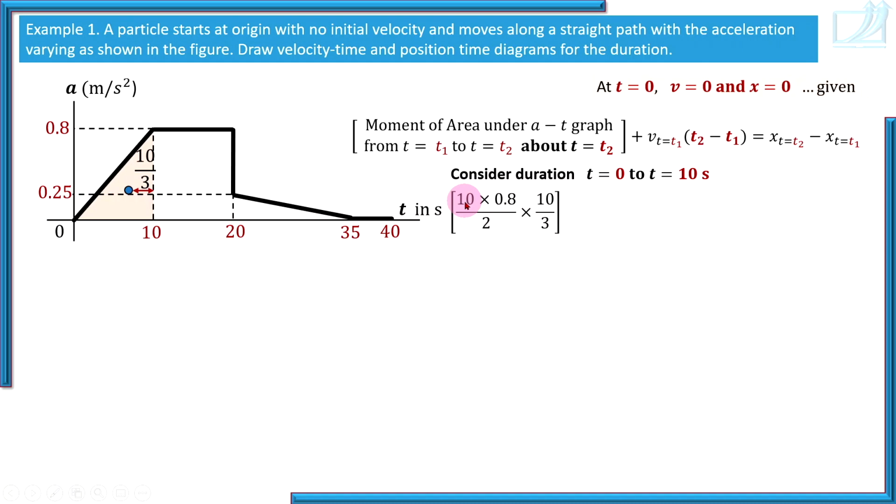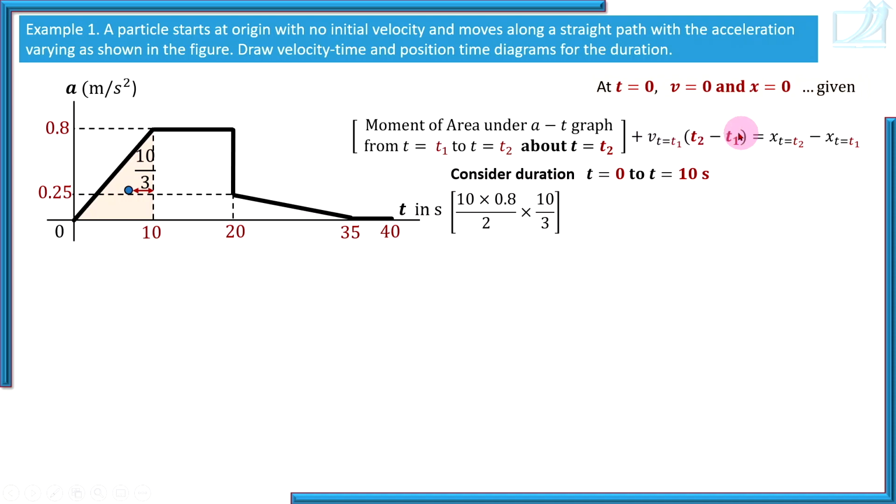So this is moment of area under the a-t graph from 0 to 10. Area is base 10, height 0.8, divided by 2, into distance of its centroid from t equal to 10 seconds. Plus initial velocity into duration. Initial means in this duration, that is at t equal to 0, but at t equal to 0 velocity is 0.